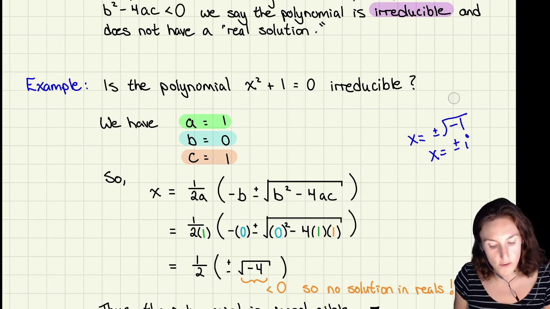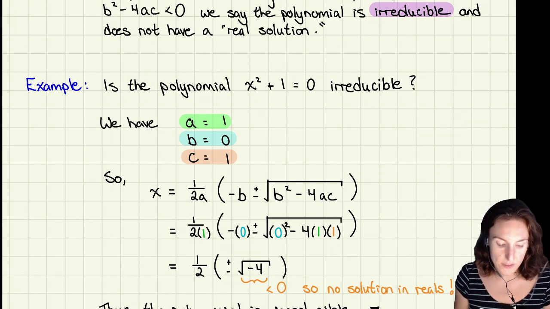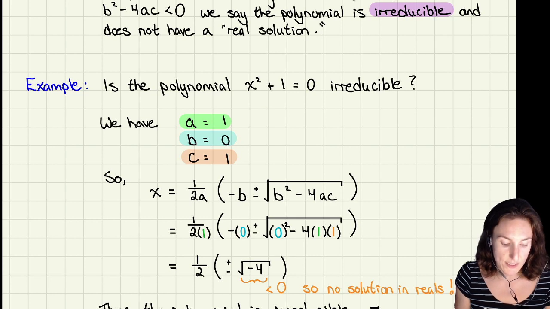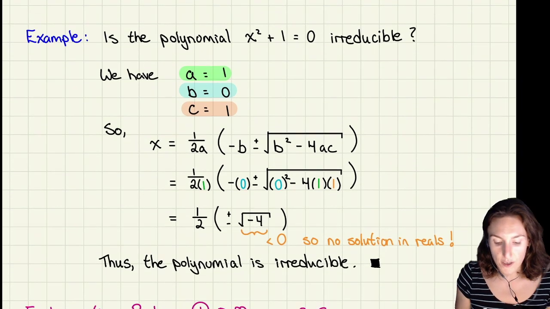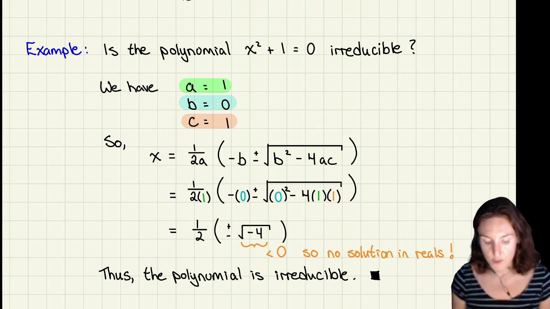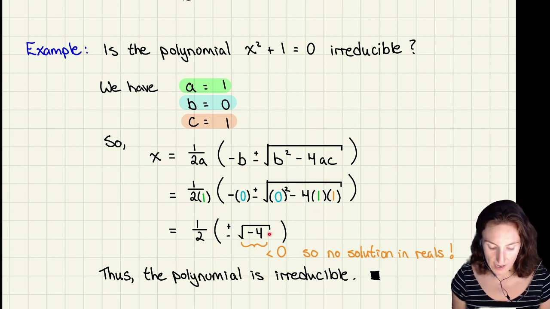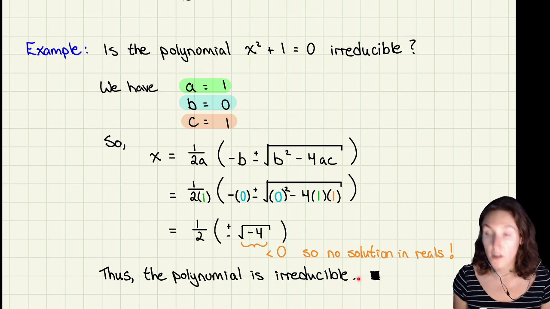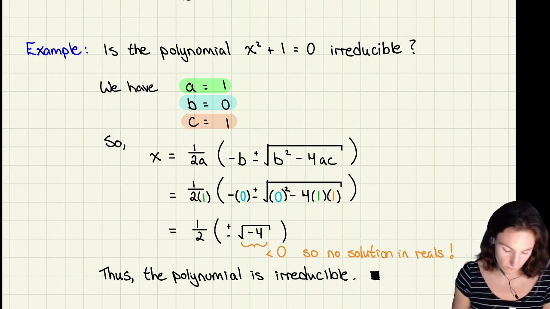Okay, so for our case, we don't consider those. So we would say that this polynomial is irreducible. But another way you could do it is if you put it into the quadratic equation. Notice that the thing under the root here, I end up getting -4. Because it's less than 0, there's no solutions in the reals, the polynomial is irreducible.